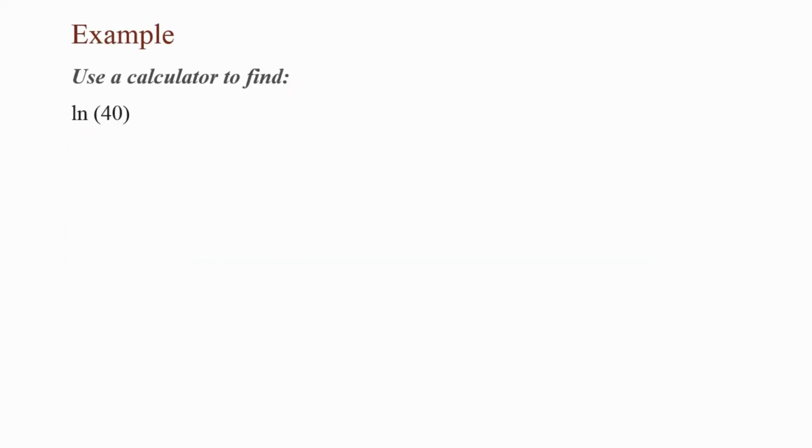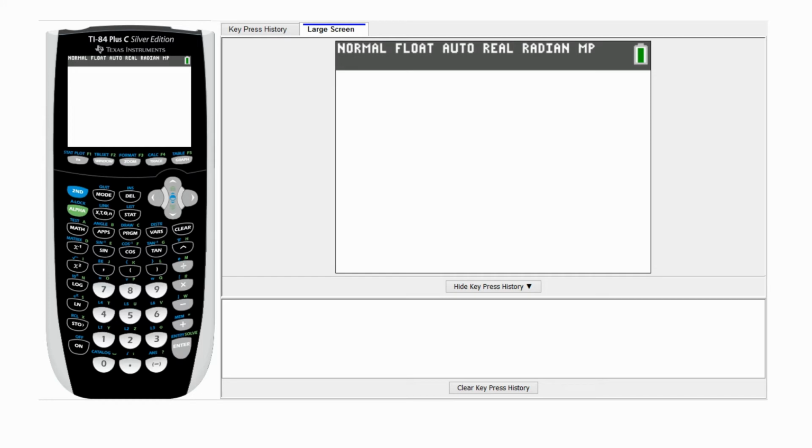For this example, use a calculator to find the natural log of 40. On our calculator, we can find our natural log right here. If you look above it, you have your e to the x power. To find the natural log of 40, press your ln button and then type 40.